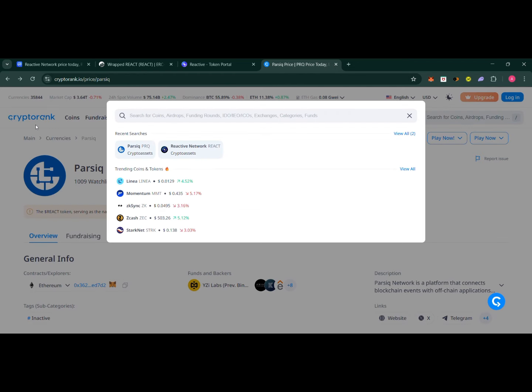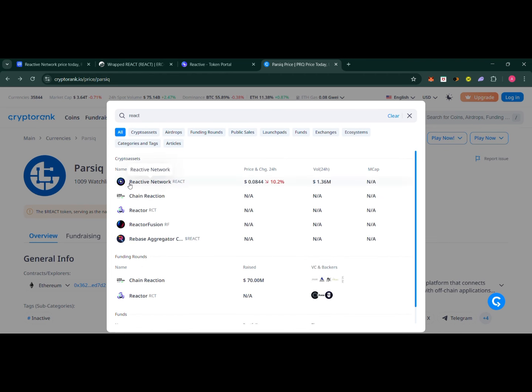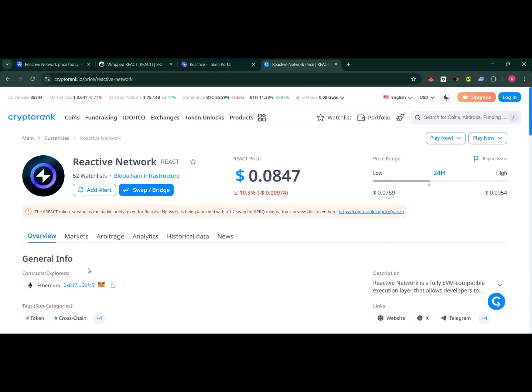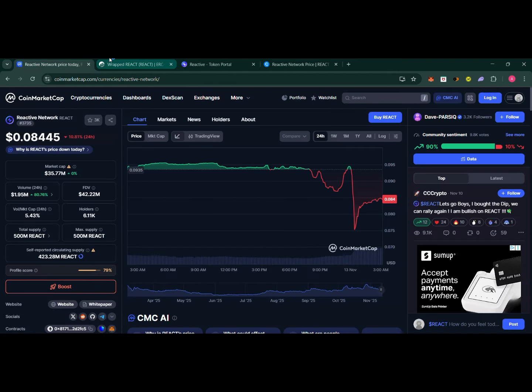The website is called CryptoRank. Okay. So if I go to Reactive Network Token to get that information, here you can see contracts and explorers. So here I can only see Ethereum. Okay. And that brings me to, even here, even on CoinMarketCap, it just says Ethereum.